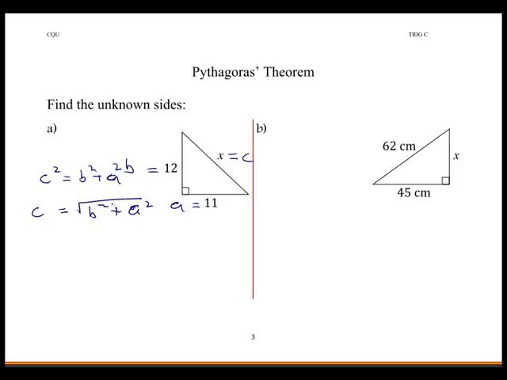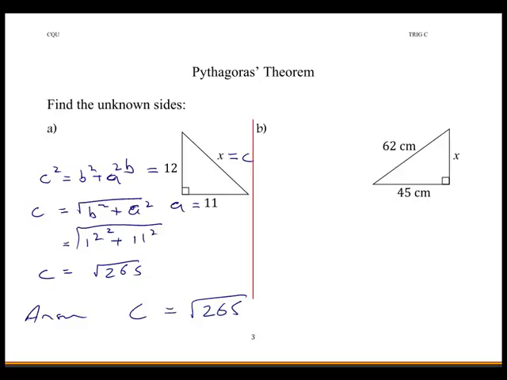Remember we're solving for c here. So then we just put it in, use our calculators. Here I've just given it as a square root, but you can give it as a decimal. It's up to you.